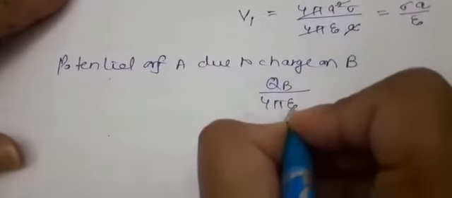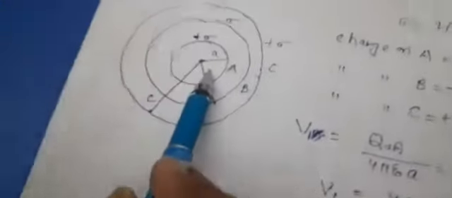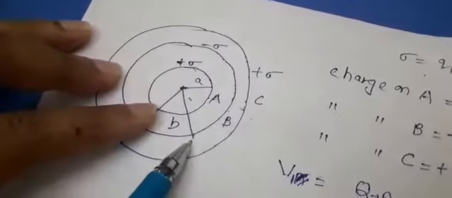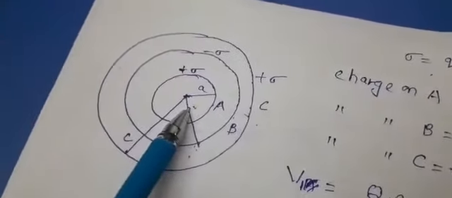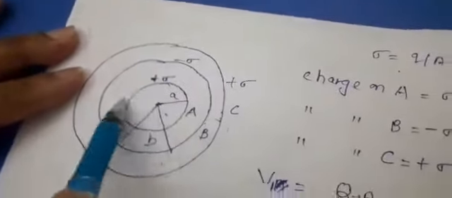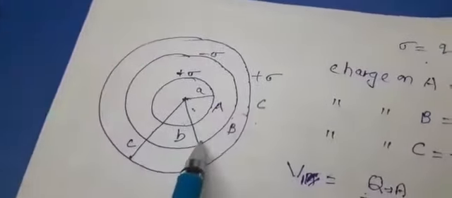What will be the radius? It will be B. Charge is situated at this particular distance B. So that's why the distance will be B, because this charge cannot lie inside. This is a main point. Charge on this surface will reside only on this surface. It cannot contribute to the inner side. But potential can be calculated at this particular distance.